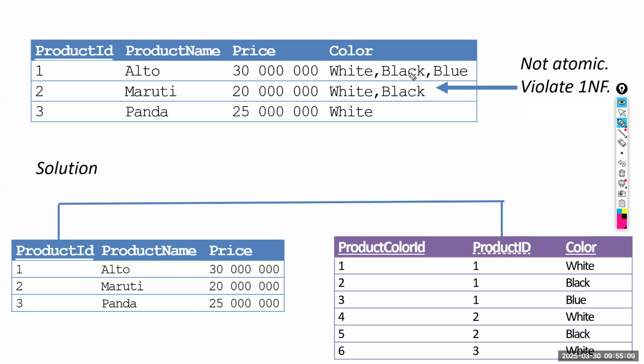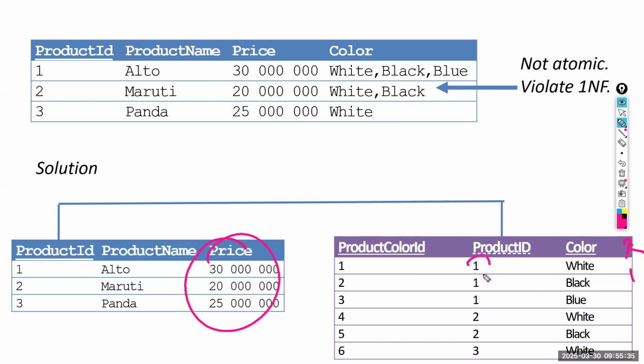Create another table? No, that is not a solution. That is unnecessary, because price depends on color. Price depends on color. So then you can take this price column from here to here.